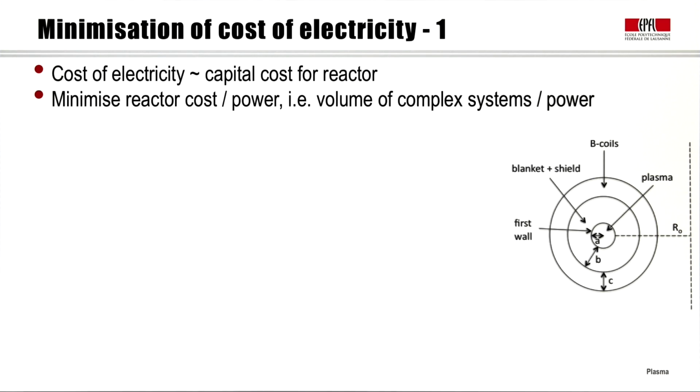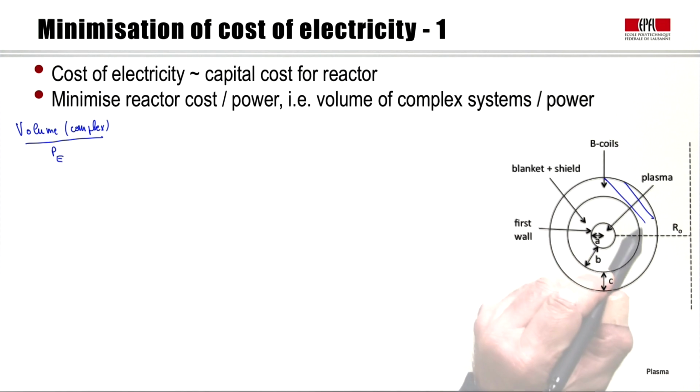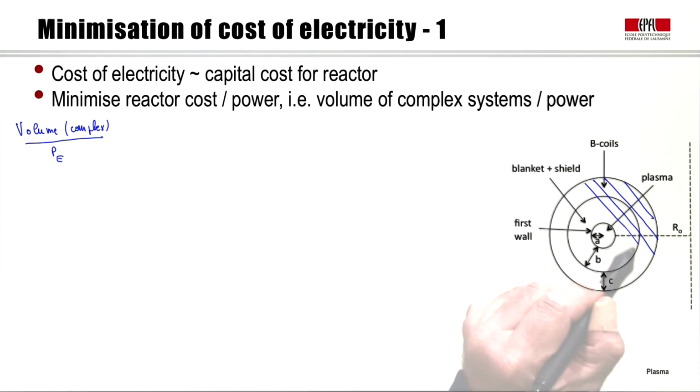Of course, we have to minimize the reactor cost per unit power. But in a complex system, that is actually corresponding to minimizing the volume of the complex systems divided by the unit power. So let's evaluate that. The volume of the complex system per power is given by the volume of everything in my reactor except the plasma.